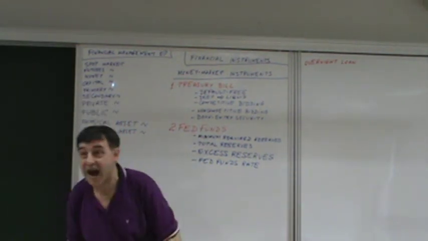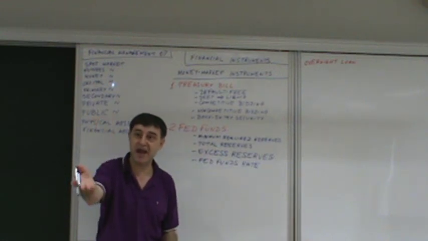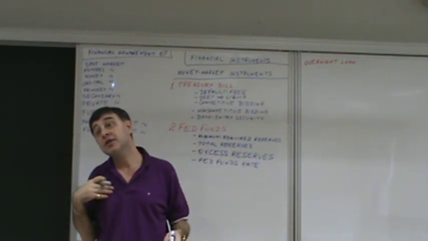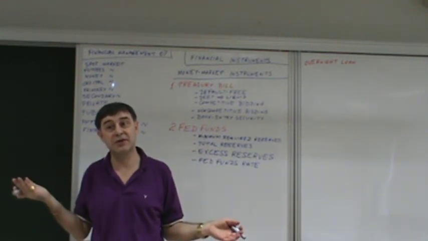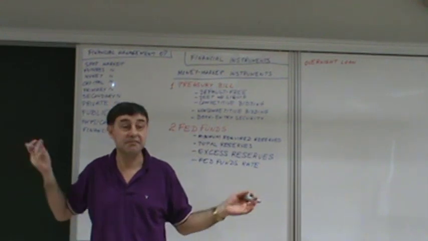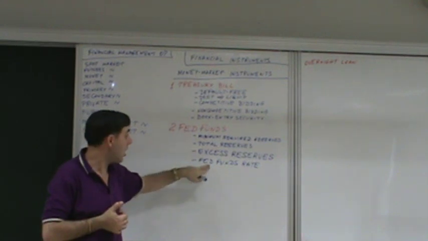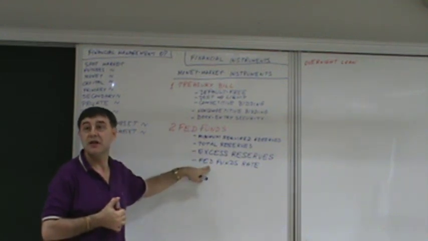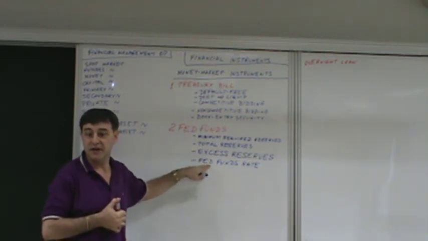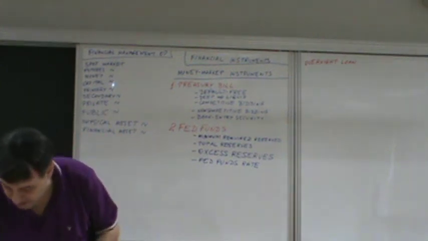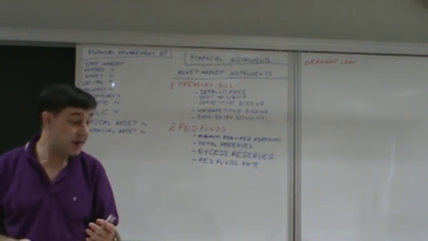Basically, I'm lending you the money today, and you're going to pay it back to me tomorrow. That's an overnight loan. So, usually, Fed funds loans are overnight. Let me see what else we have on Fed funds. Minimum required, term, the effective rate, and that's it.